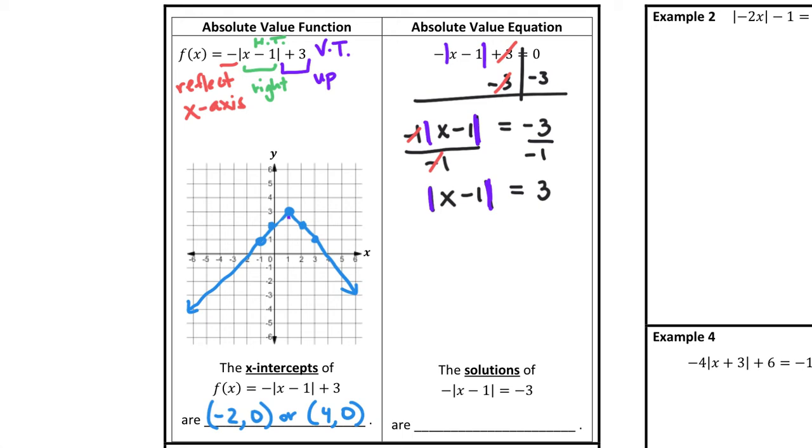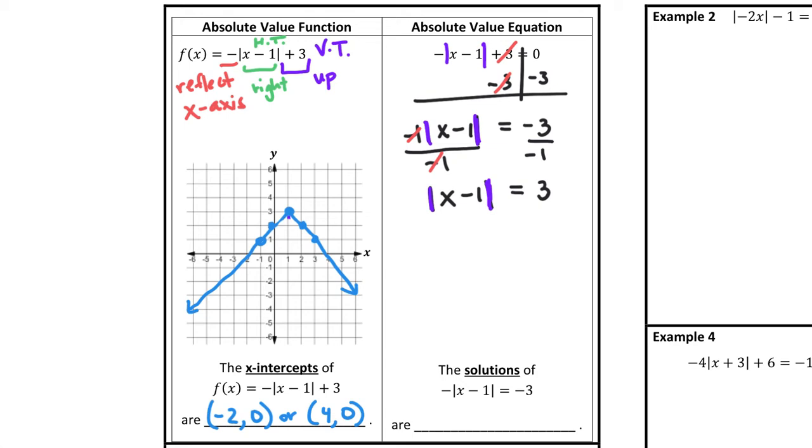And then the next question is, is the absolute value equation equal to a negative number? Is it equal to a positive or a 0? It's equal to a positive number, so that says that we're going to have two equations. These are the two equations that we're going to set up.